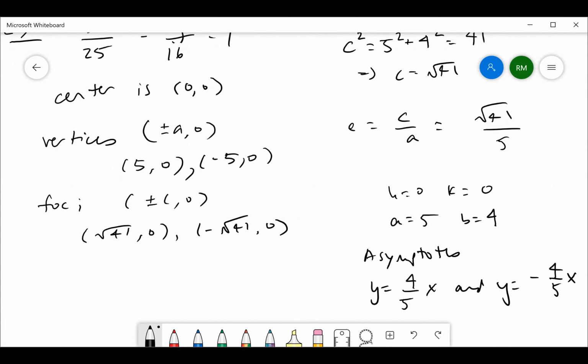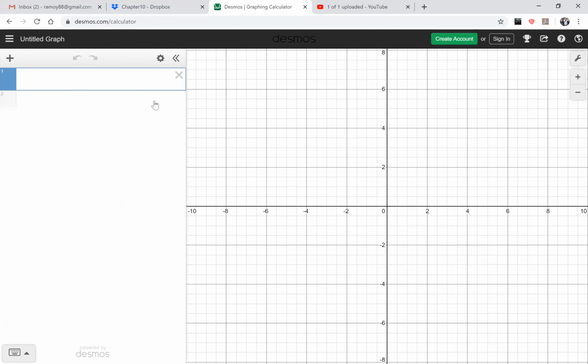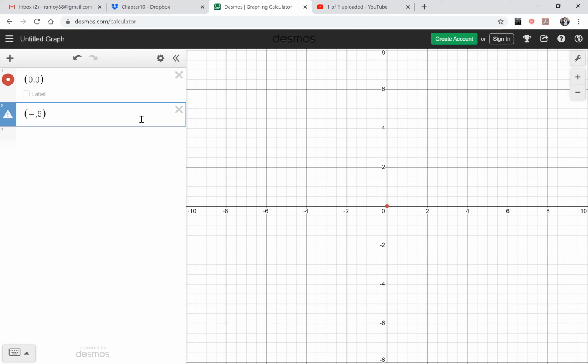All right, so now we can graph all this stuff using Desmos to help us out. Okay, so the center was at (0, 0). We have the vertices at (5, 0) and (negative 5, 0).